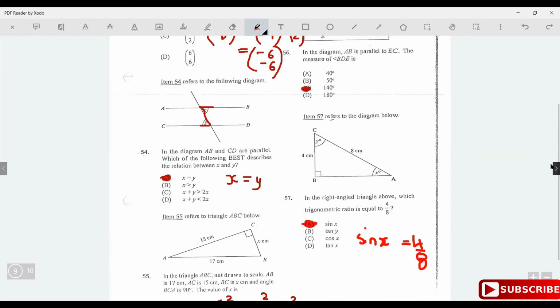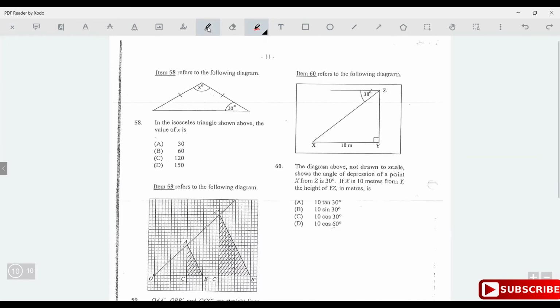Moving straight along. Question 58. In the isosceles triangle shown above, what is the value of x? If this is an isosceles triangle, then this angle of 30 must be equal to this angle over here of 30 degrees. Angles in a triangle sum to 180.